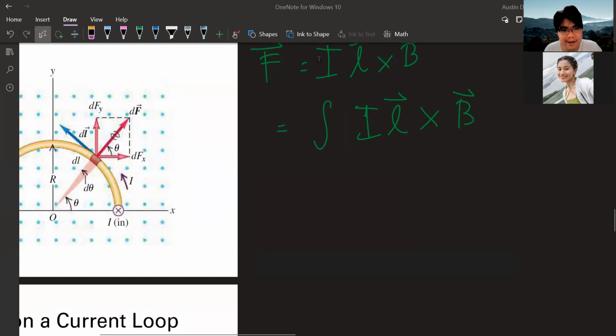Okay, bakit may message? May message. Bakit hindi dapat negative integral? Tama ba to? Negative integral ng B cross DL? Sabi mo? Okay. Yan ba yung tanong mo? Sorry.